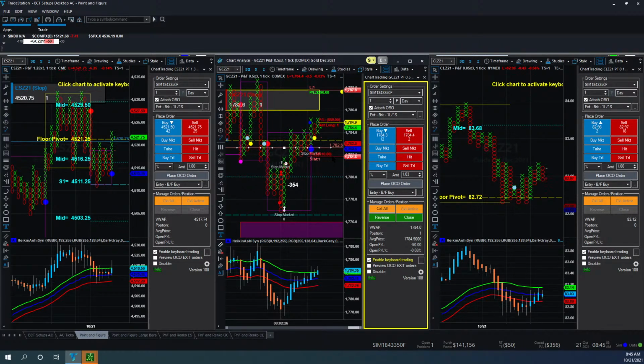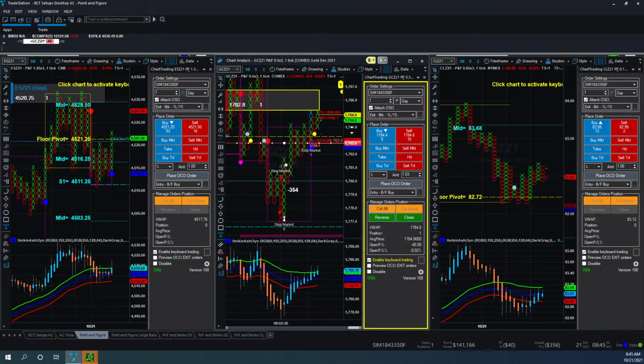Cannot go higher. It's trying to, but it's coming back. It's in the chop, actually. It's in the chop. Not looking good.